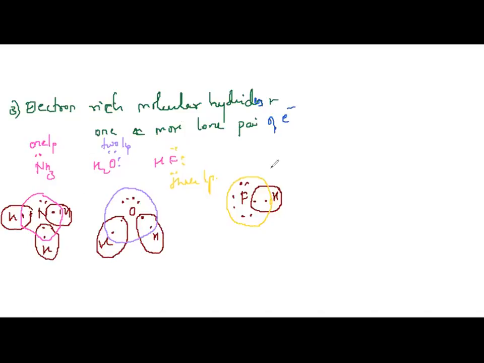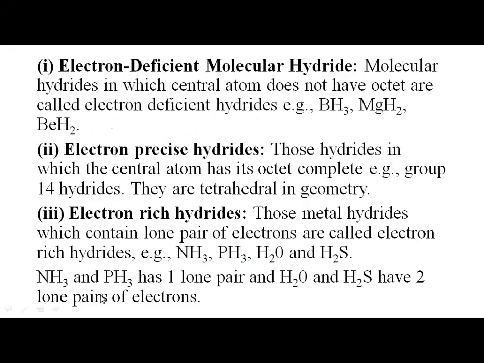Ammonia, 1 lone pair, water, 2 lone pairs, and HF, hydrogen fluoride, 3 lone pairs. So NH3, PH3 have 1 lone pair, H2O, H2S have 2 lone pairs, and HF, HCl have 3 lone pairs of electrons.